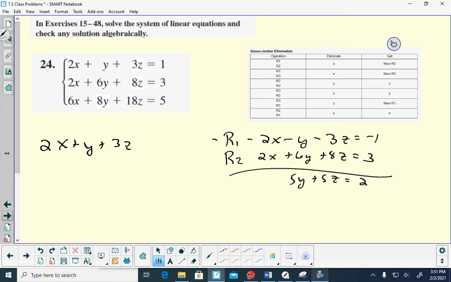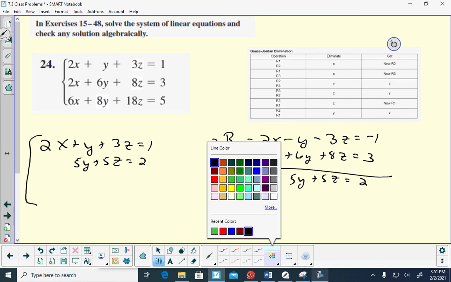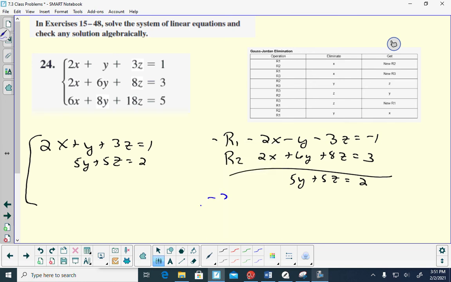So row 1 is staying row 1. That has not changed. Row 2 is now 5y plus 5z is equal to 2. Now I'm going to multiply row 1 by negative 3 because I want to eliminate this with this. So that'll make that a negative 6. So negative 6x minus 3y minus 9z is equal to negative 3.